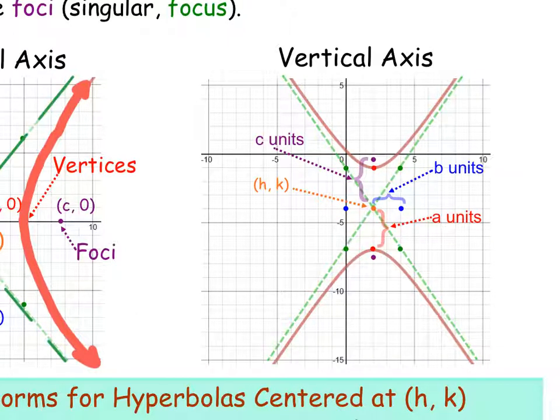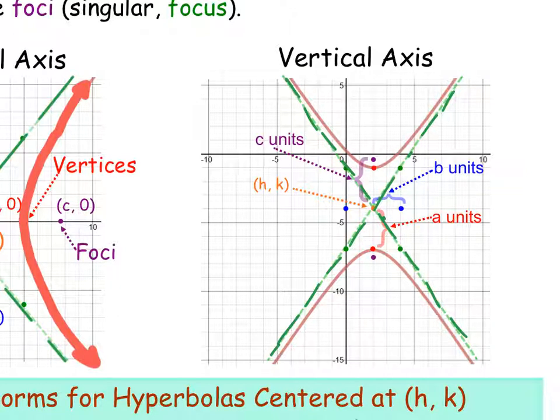And then use those corners to guide the way you draw your asymptotes, right? Draw those asymptotes through those two corners one way, then draw it through the other two corners the other way.